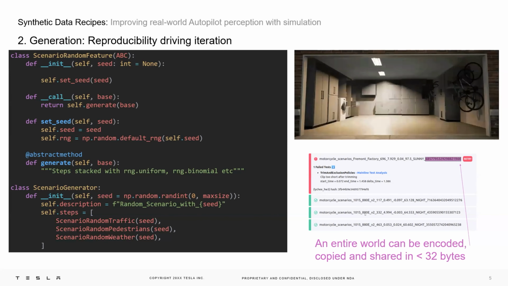This is particularly true when you consider the powers of synthetic data. We want to complement the real world data that we can get from the fleet. So it's great to aim for maximum diversity, as we were covering in the generation slide, but it can really hurt quality. So we need to think about the model that's being trained and what features it encodes. And we'll touch on this later.